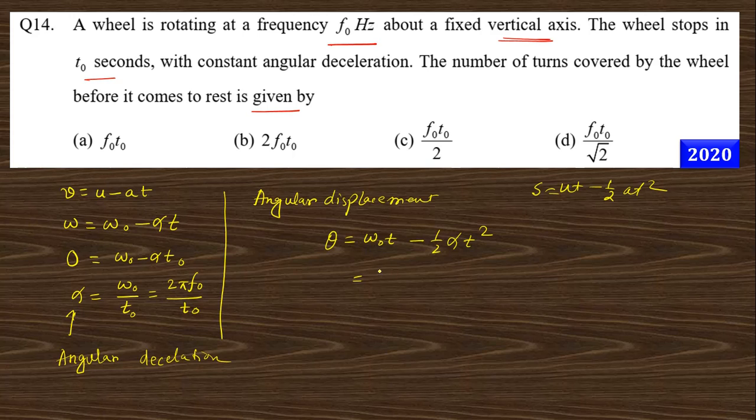Just put in the values: omega 0 t0 minus half, alpha is omega 0 by t0, times t0 squared. So this will be half omega 0 t0, and putting the value of omega 0, this will be 2 pi f0 by 2 times t0. So this is pi f0 t0.